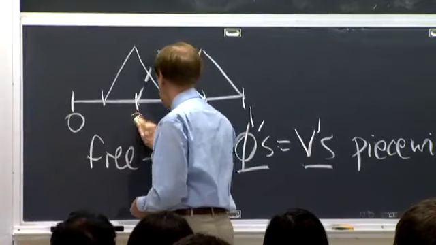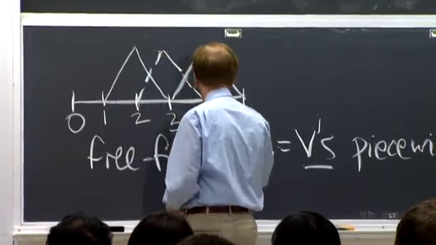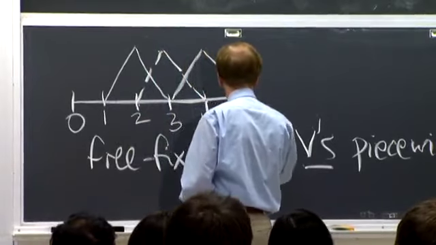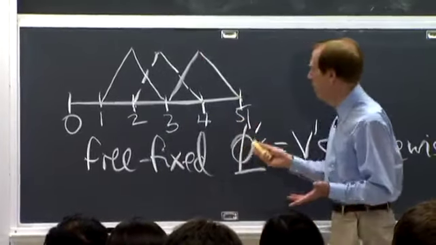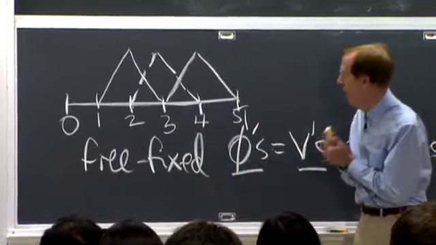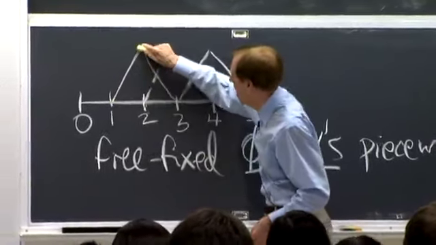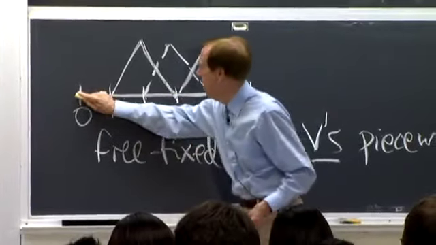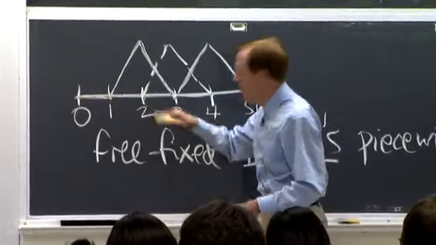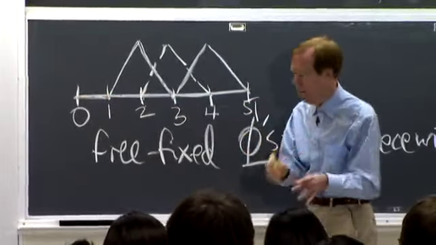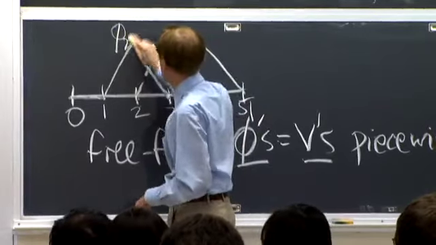let's number these nodes 1, 2, 3, 4, and 5. At a typical node 2, my function is 0 except in the intervals that touch node 2. So here's phi2, phi2 of x.